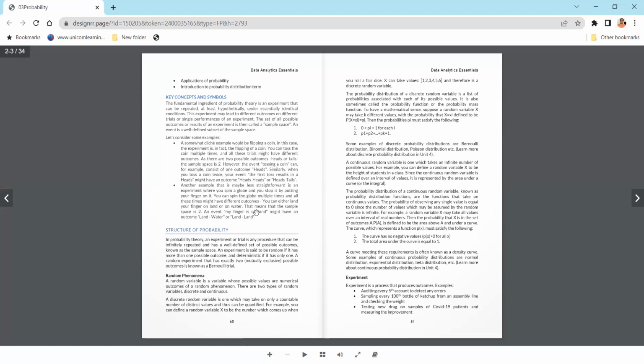Then if I roll a dice, what is the sample space? 6. So the sample space will be 6: either 1 or 2 or 3 or 4 or 5 or 6. I'm interested in only number 4.